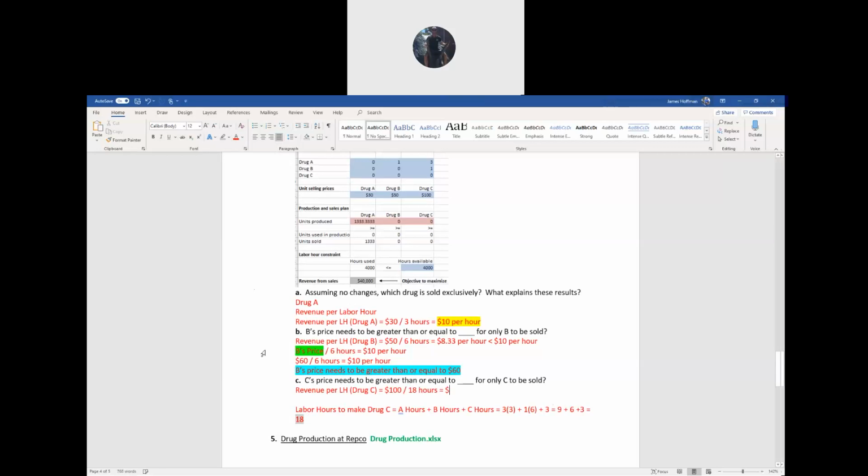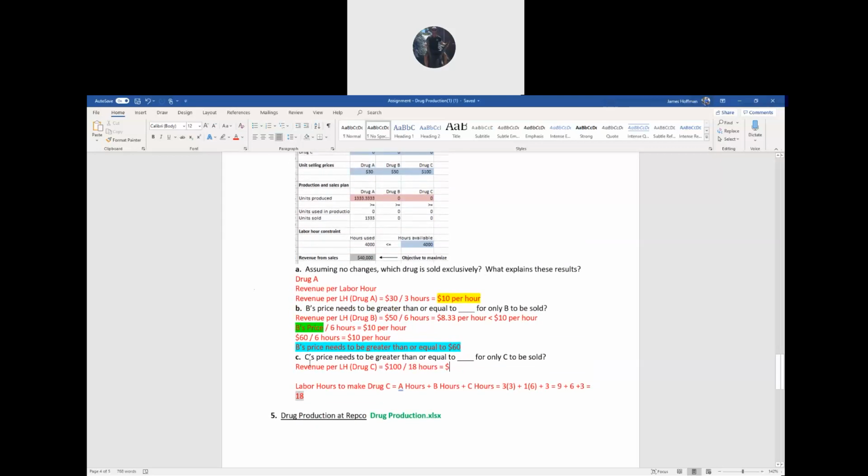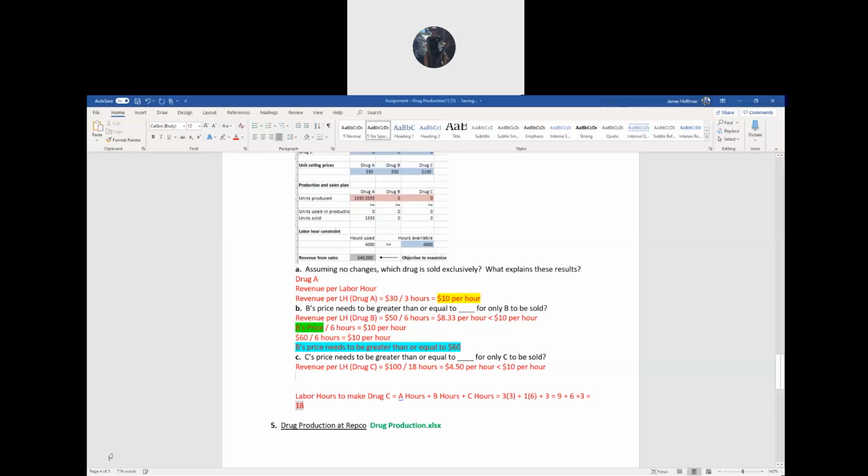All right, so that's 100 divided by 18, which is less than 10. Exactly what this is, maybe 100 divided by 20 would be 5, so it's like 4.5 or something. Okay, so let's figure out the price such that if you divide it by 18, you get exactly $10 per hour.